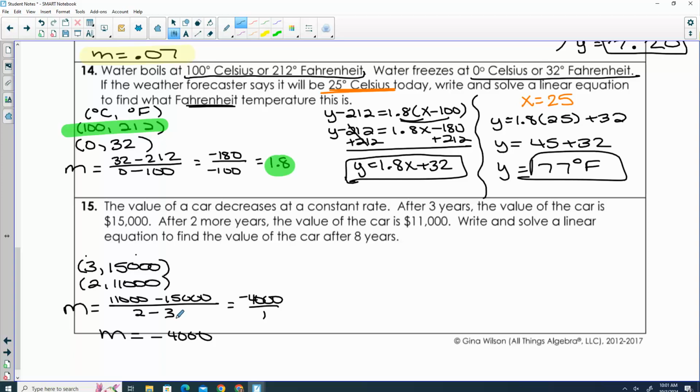All right. From there, Caden, what's my next step? Our slope. We have points. Isn't 2 minus 3 negative 1? Oh, I had a typo in this problem, I think, that I meant to change because I told you it was decreasing.